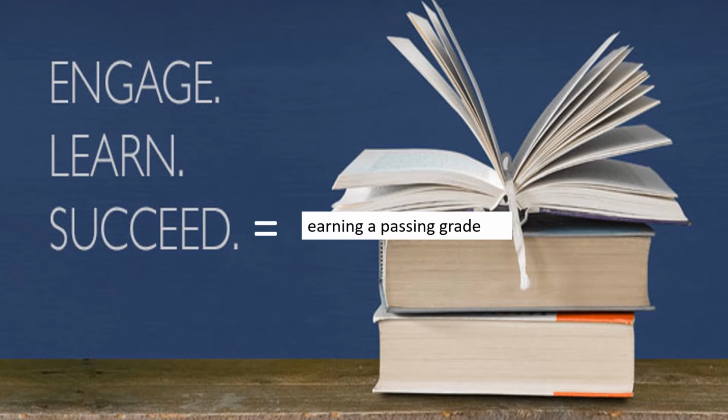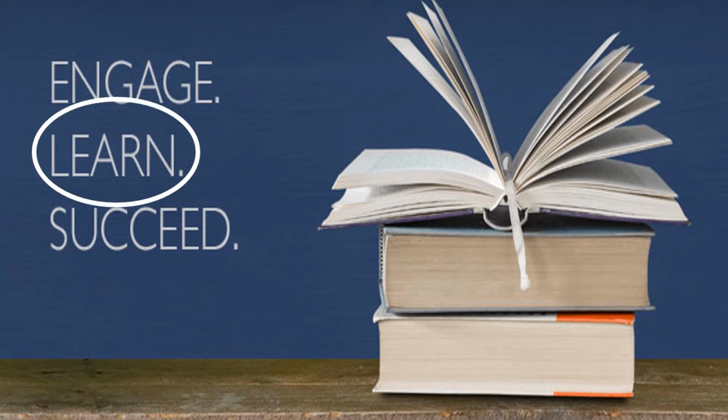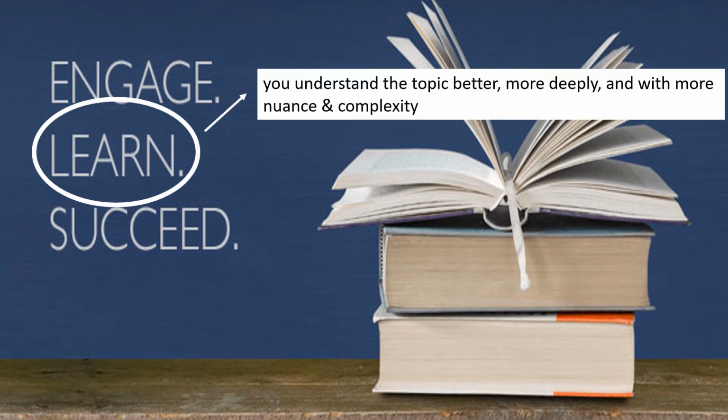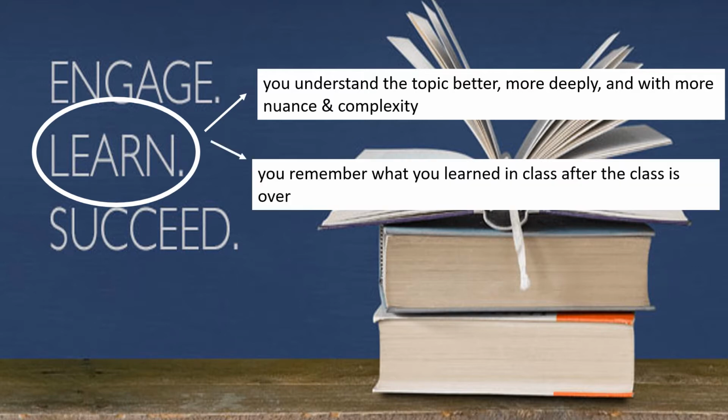So for the purposes of this class, we're going to measure success in terms of the second way, which is in terms of learning, with success equaling first that you know more about the topic and/or that you understand it better, more deeply, and with more nuance and complexity at the end of the semester than you did at the beginning. And second, that you not only understand, but can also remember all of the topics, ideas, and concepts that were covered in the class after the class has ended.